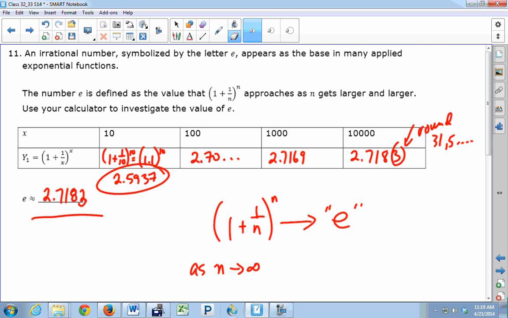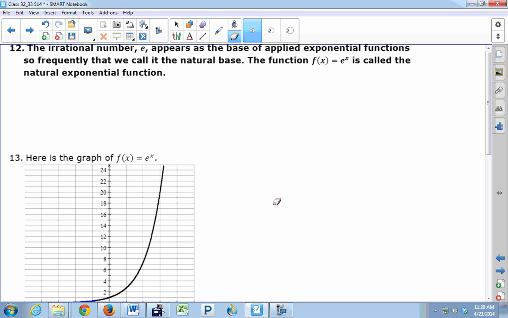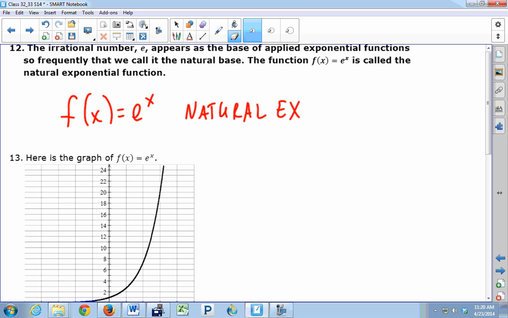The irrational number e is a base for an exponential function. We call it the natural exponential function. You might say, it doesn't feel very natural to me. Well, it's actually used as a model for lots of things that deal with growth.